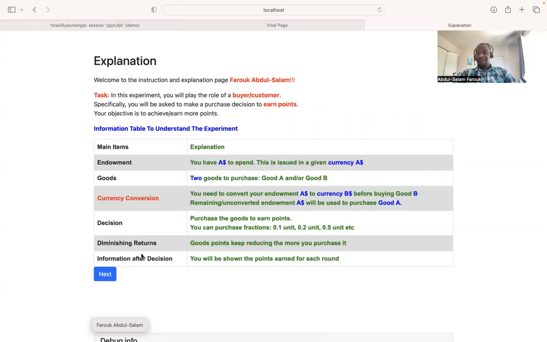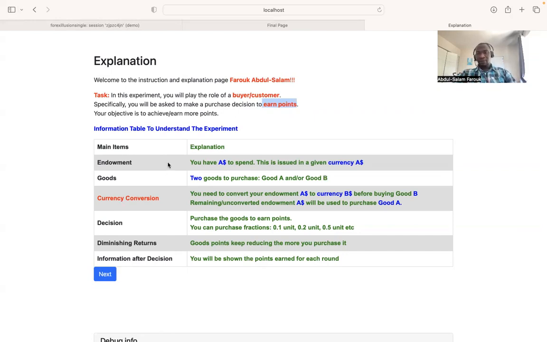So here, you're going to play the role of a customer, but it's somewhat different from the previous experiment. The most important thing here is your aim is to earn as many points as possible as a participant. So the more points you earn, the higher the reward that you tend to earn in the form of a cash payment.